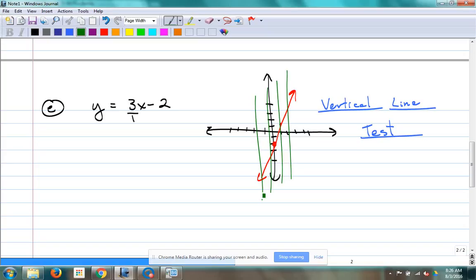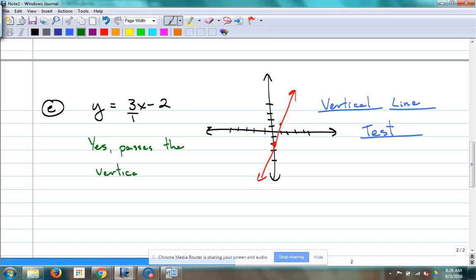So this one passes the vertical line test. So it is a function. That's how we know it's a function, okay? We've graphed it and looked at that.